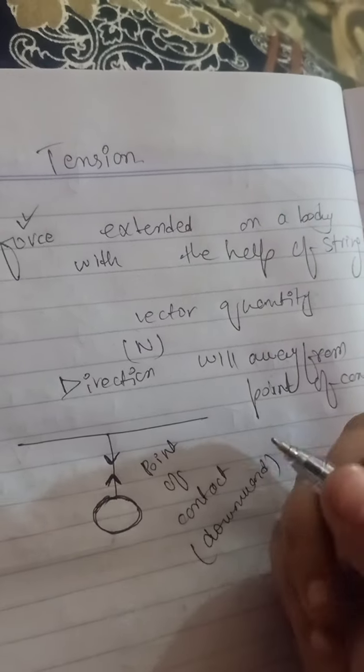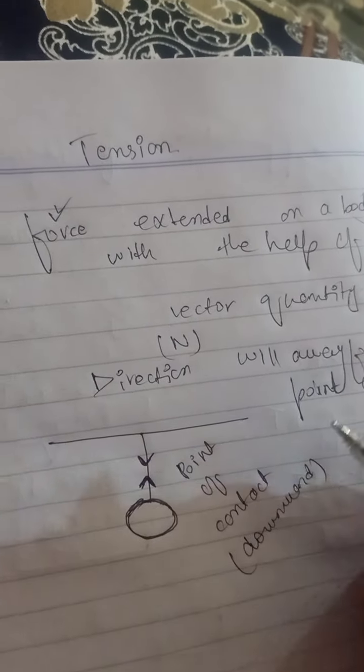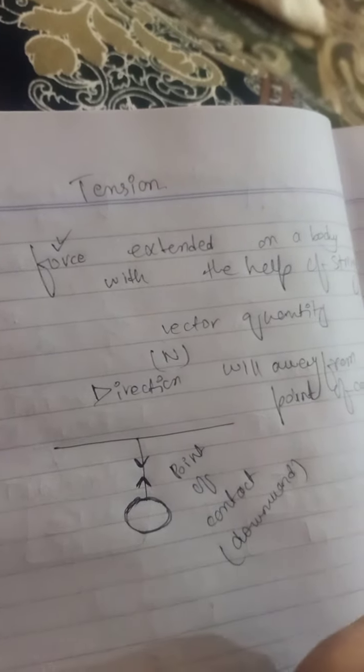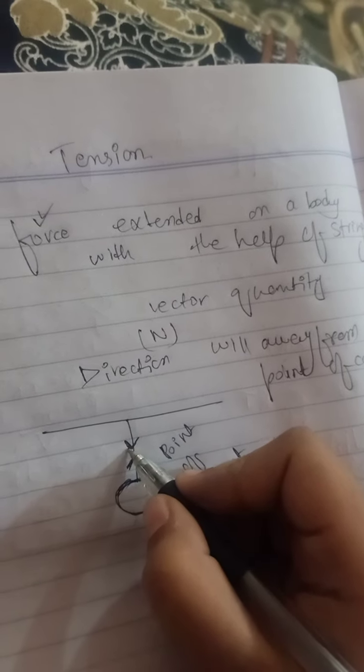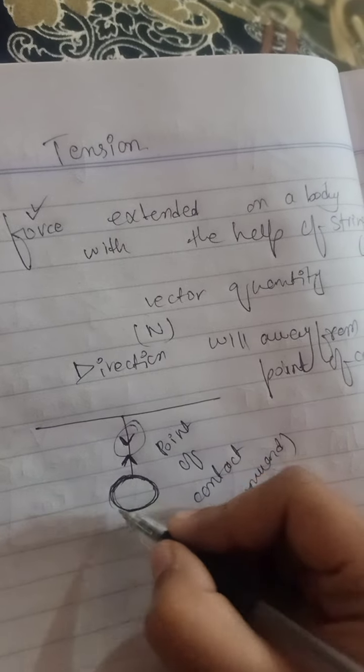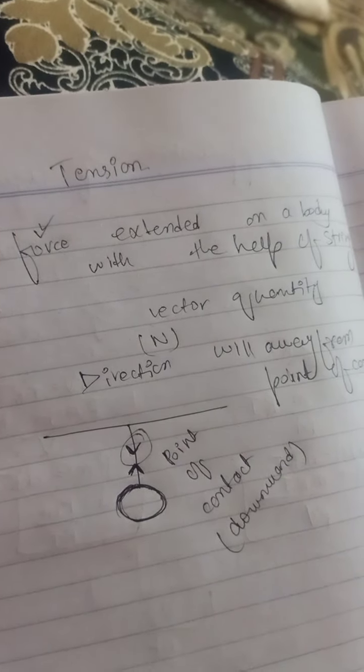So tension is basically a force. The force that is exerted on a body is the tension. So here the weight has a direction downward, but the tension is upward. So we can write here the tension is upward.